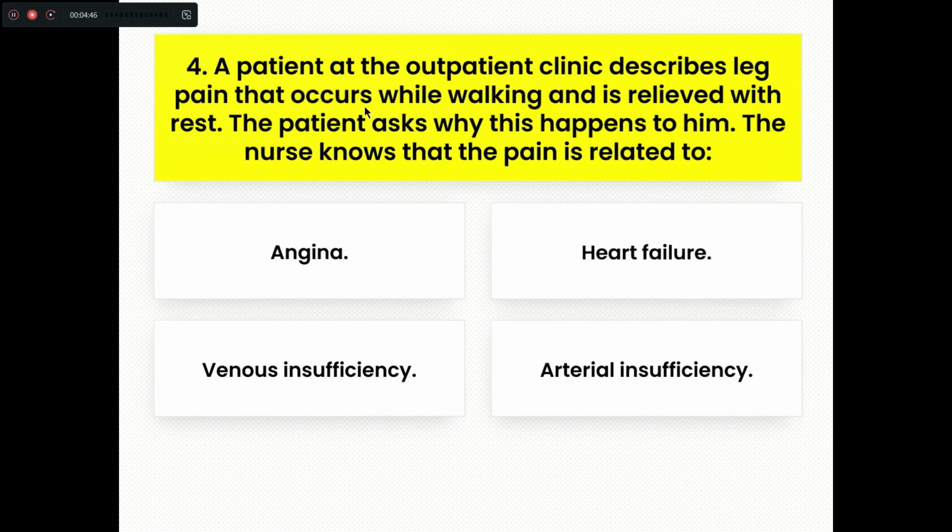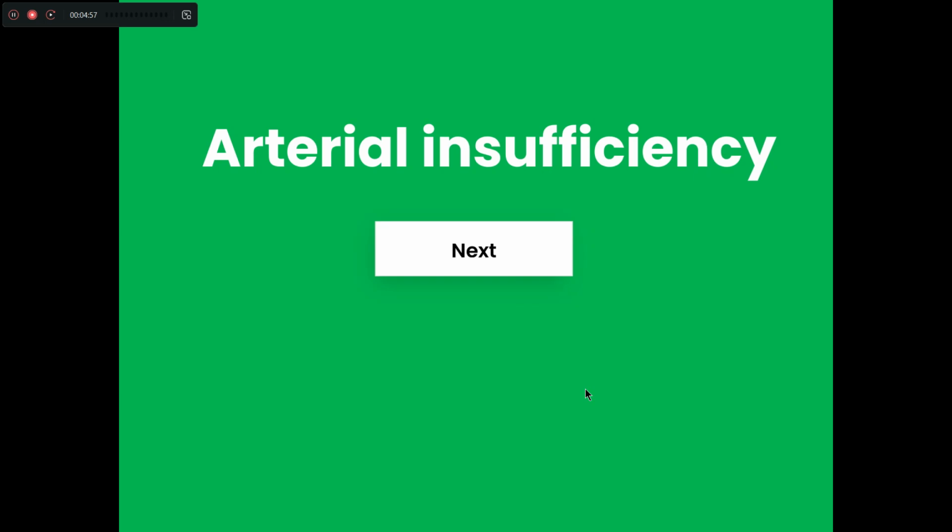So the pain occurs during walking and at rest the pain is relieved. This may be due to option D, arterial insufficiency. The arterial insufficiency sometimes causes intermittent claudication, which leads to pain while walking.